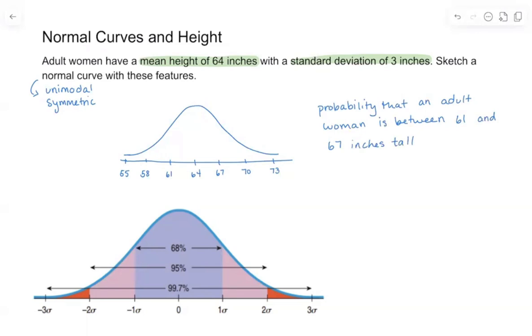If that's what I'm trying to find. Remember, the key idea from this section is that for continuous variables, probability is connected to area.